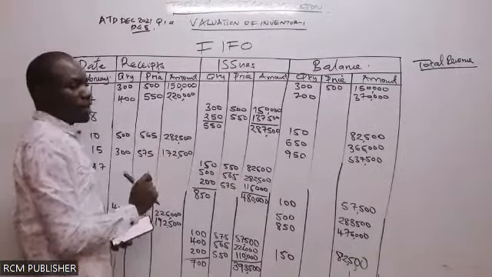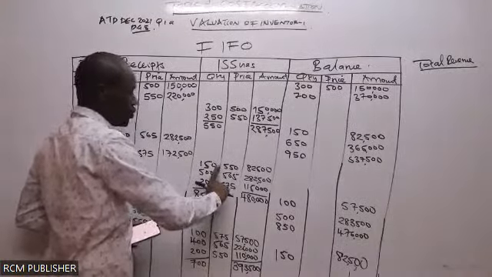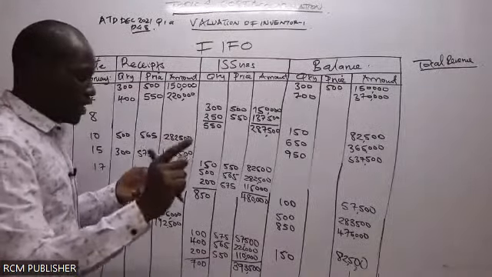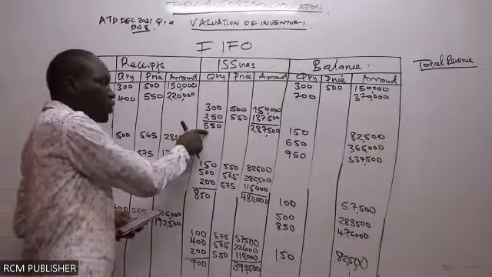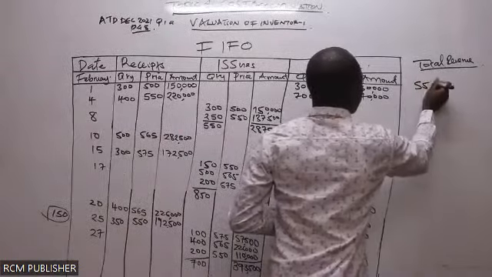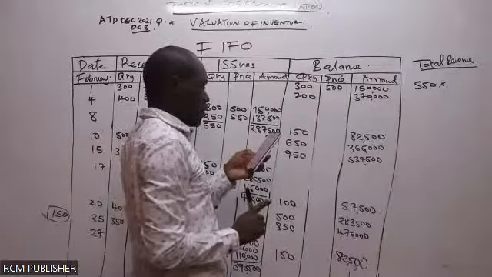So the first part is we have these goods issued. We have this part where we issued goods and also this section. Under this now, look at the issuing price. We are issuing goods at a given price. This total of 550 was issued at 850.